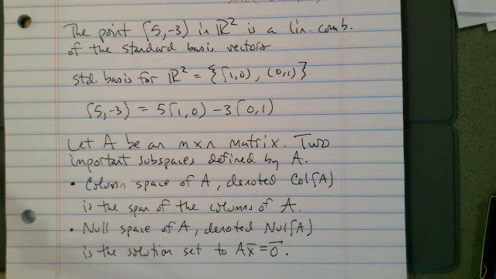So we find where the pivots are in the matrix A. We take the pivot columns from A, the original A, not the RREF. Those will be linearly independent, and they will span the same set. That will be a basis for the column space of A.